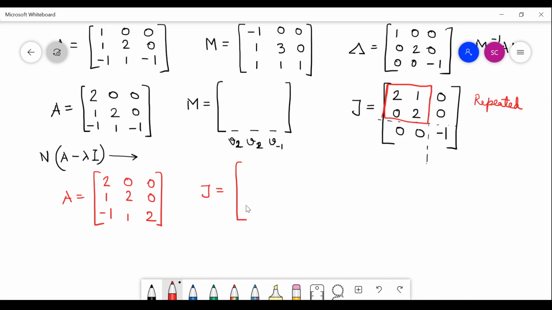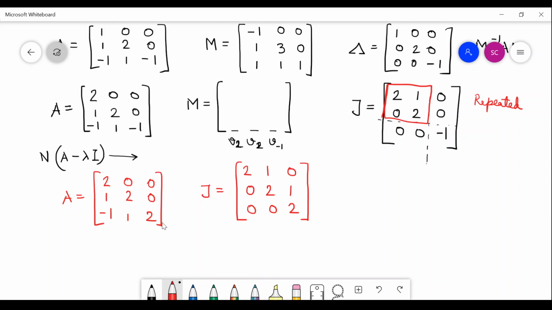Then your J would probably be 2, 1, 0, 0, 2, 1, 0, 0, 2. Now I think you can get a better understanding of how the Jordan block looks. It is all the repeated eigenvalues on the diagonal and ones on the upper diagonal.